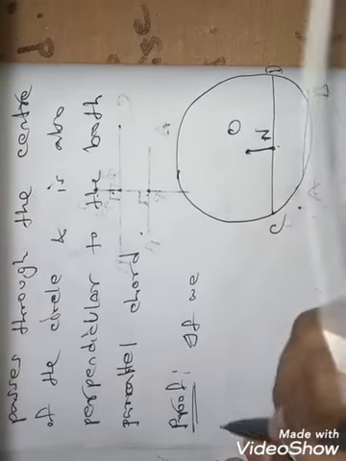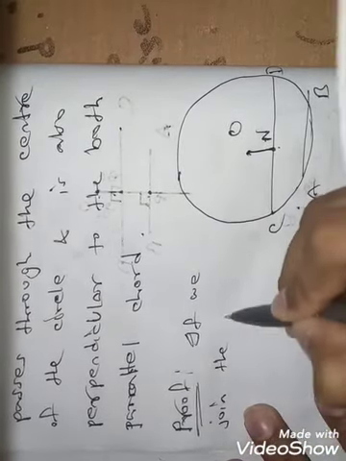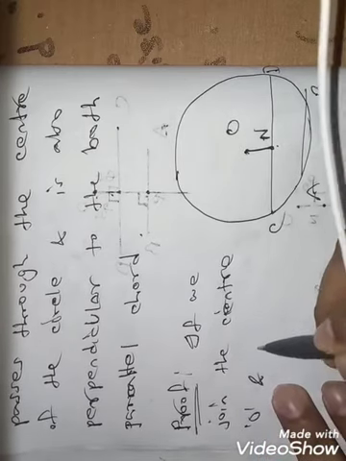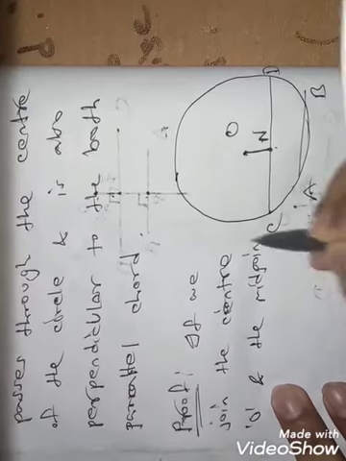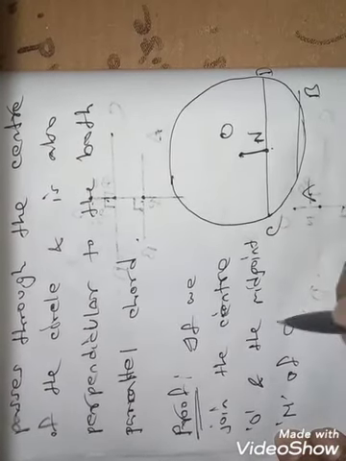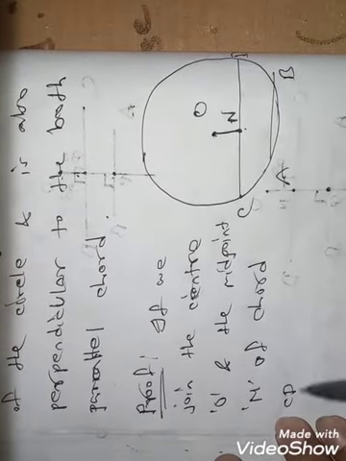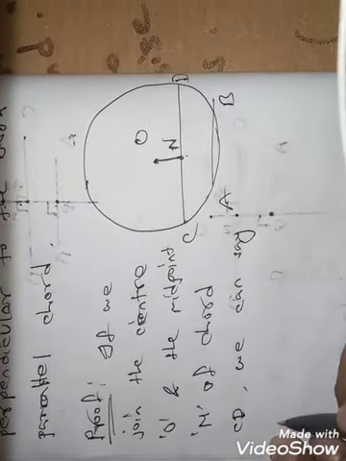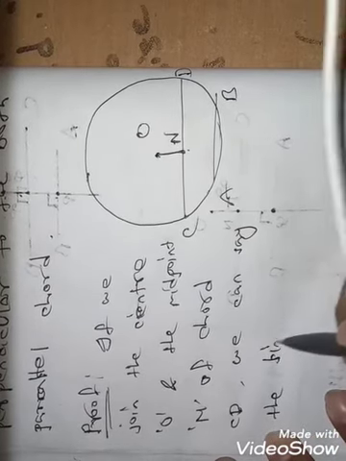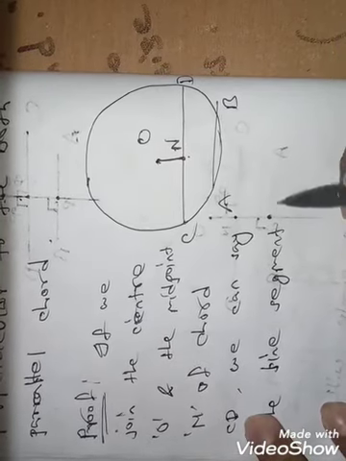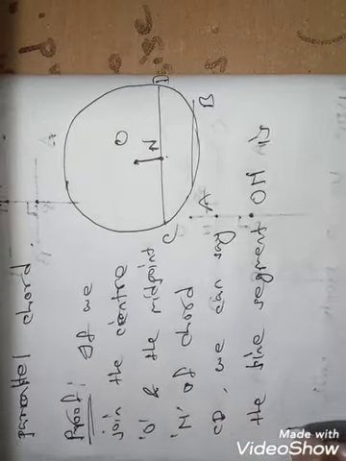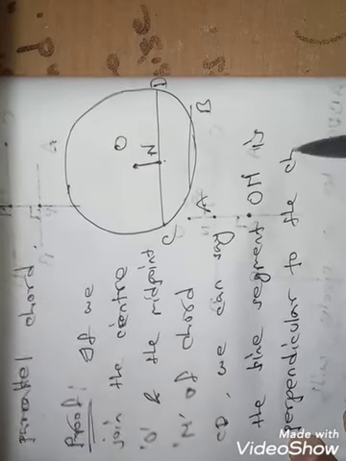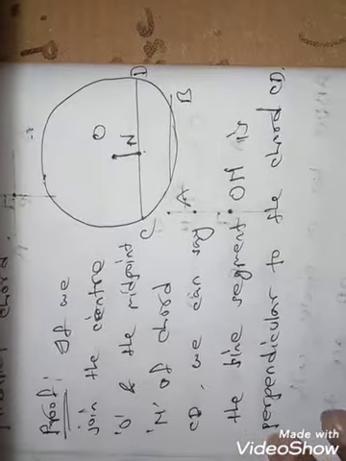If we join the center O and the midpoint N of chord CD, we can say the line segment ON is perpendicular to the chord CD, according to our first theorem.